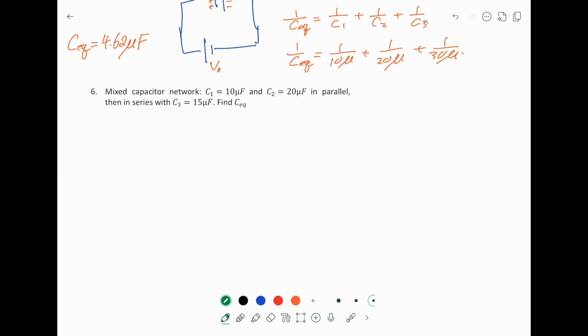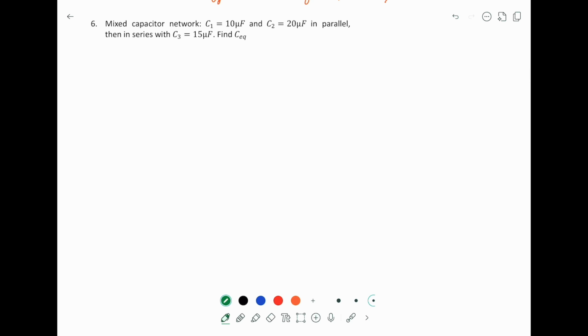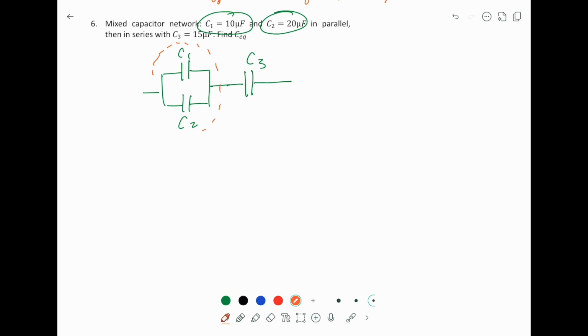We have 2 capacitors connected in parallel, C1 and C2. So this is C1, C2. And now this one will connect C3 in series. To find their equivalent, we first find C1 and C2. When capacitors are connected in parallel, their equivalent is just the sum.